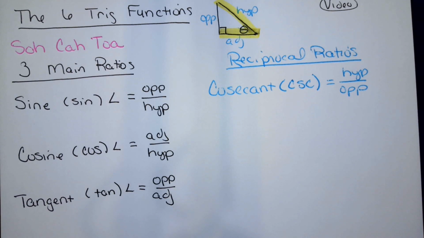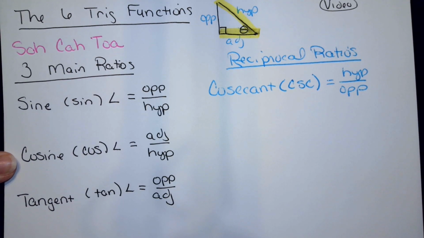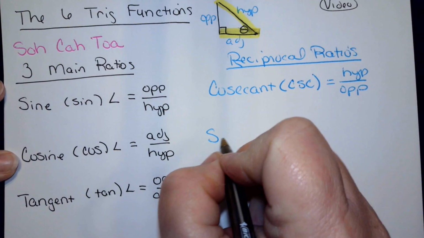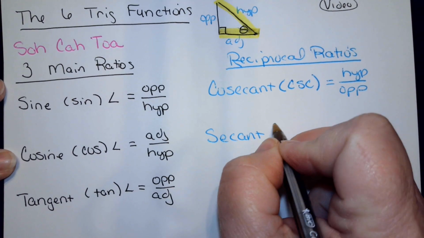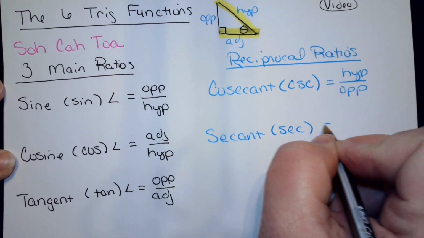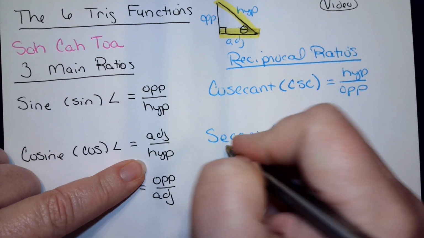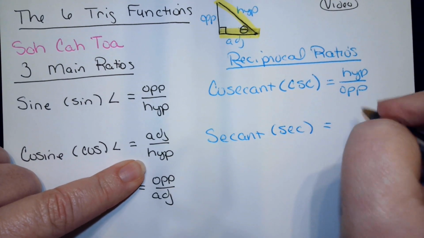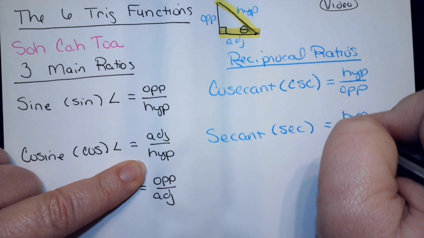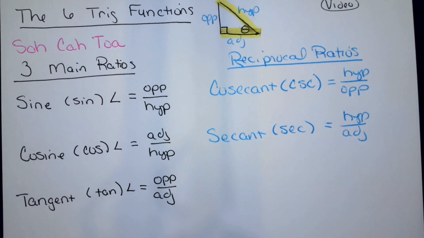The reciprocal of cosine is secant, abbreviated as SEC. If cosine is adjacent over hypotenuse, secant, taking the reciprocal of this, is going to be the hypotenuse over the adjacent.